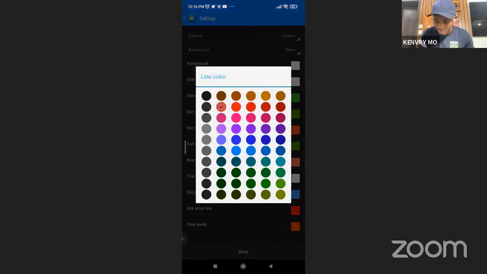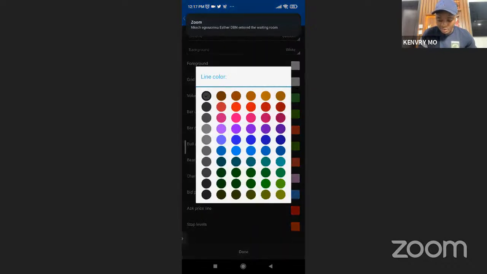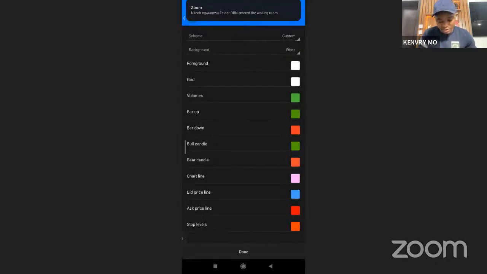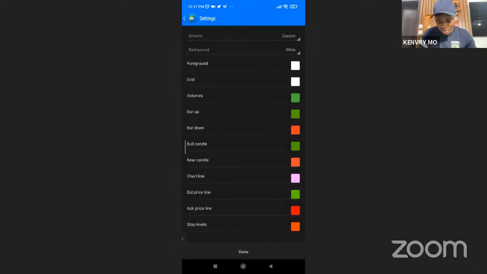Then chart line. You can see there's a difference between the line chart. I think chart line is the line chart, purple. Most times, this is just the difference between the bid price. Bid price is green. Ask price line red, stop levels red.